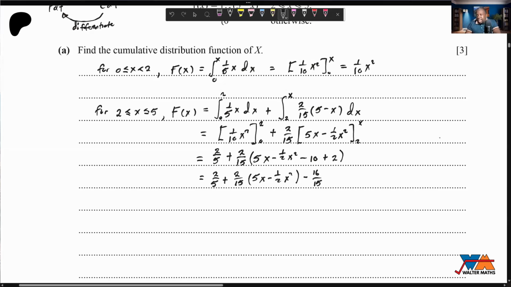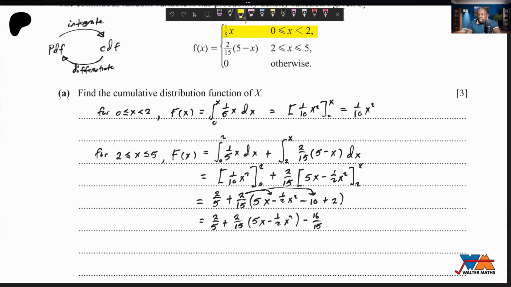So that's what we get. I just multiplied this by this 2 and this by this. All right. So I'm going to say here 2/5 minus 16/15. That's 6 minus 16, that's minus 10. Minus 10/15 is like minus 2/3. So we have 2/15 of 5x minus half x squared minus 2/3 essentially.